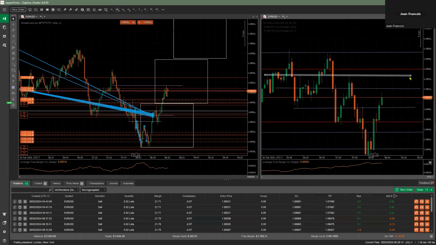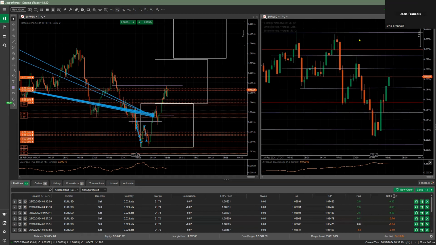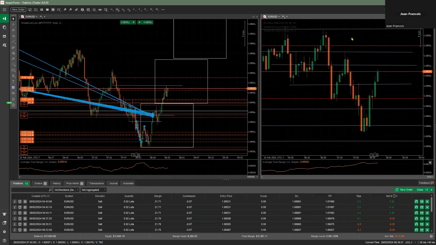Put one in the center, right around there. All right, so when did that pullback come in? Right about the bottom of the hour. And that's why we exploit it in a counter trend fashion.